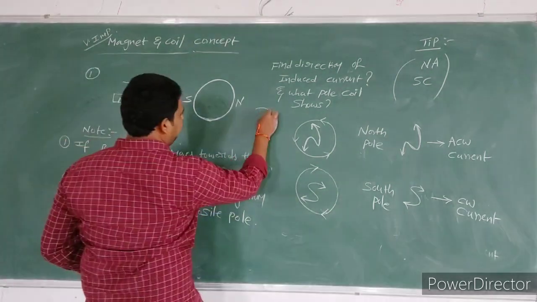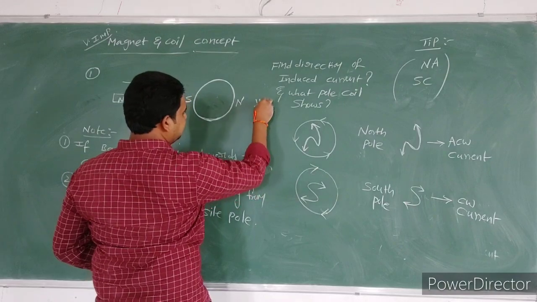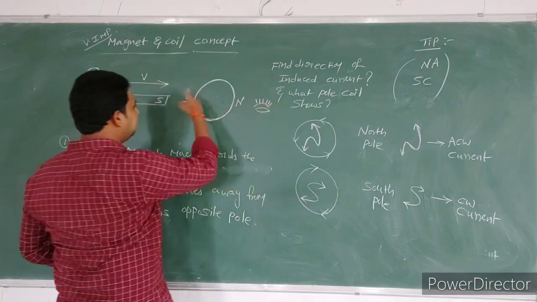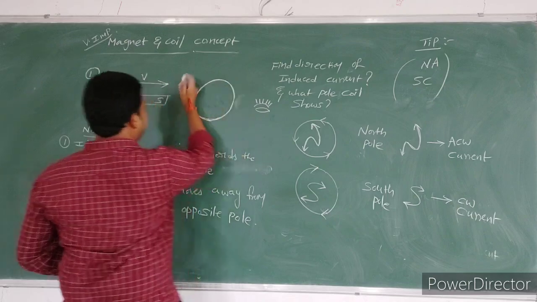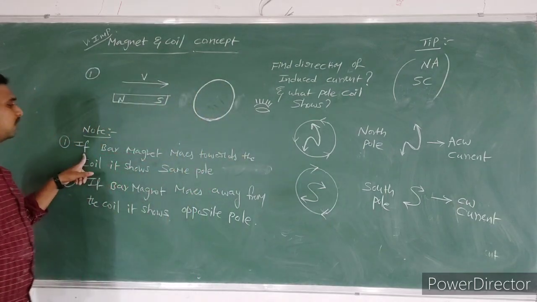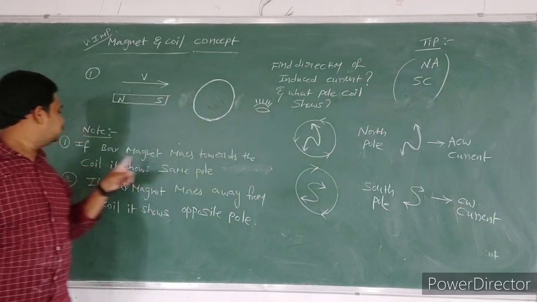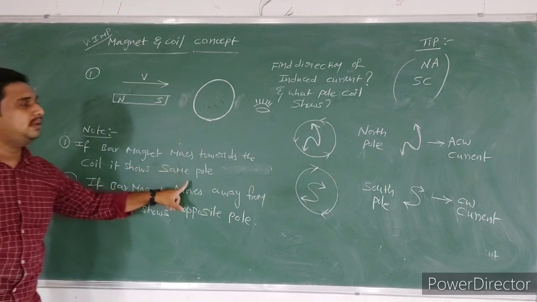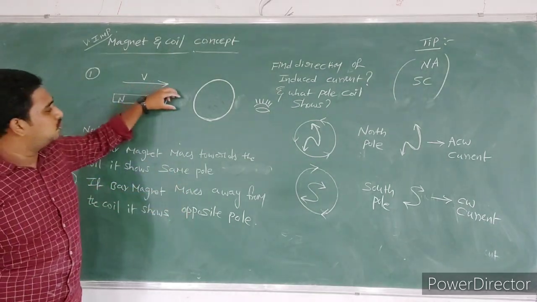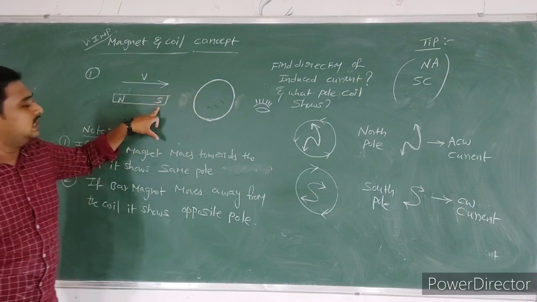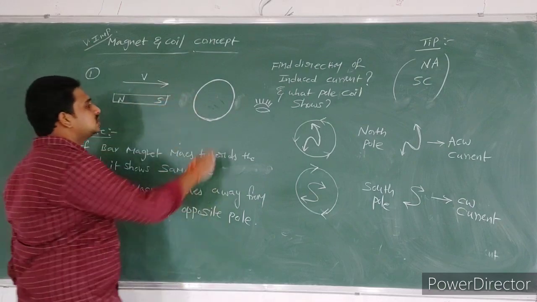If a person sees from here, it will look different. Note point: if a bar magnet moves towards the coil, it shows the same pole. Here south pole is there, so definitely it will show south pole.